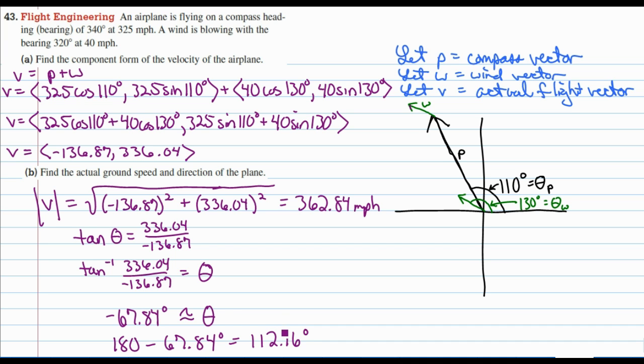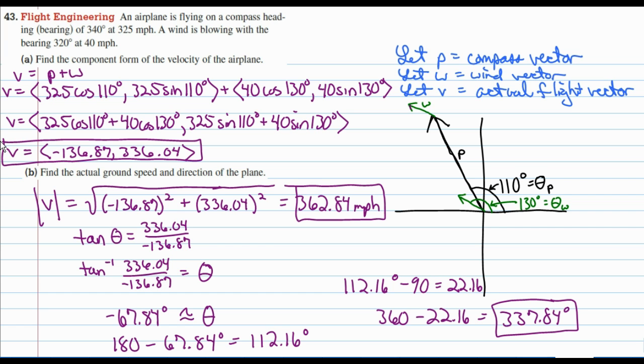So I'm going to take 112.16 degrees and subtract 90, and then take that away from 360 to find out clockwise from north what my angle is. And I get that my navigational heading would be 337.84 degrees, which is definitely in quadrant 2.